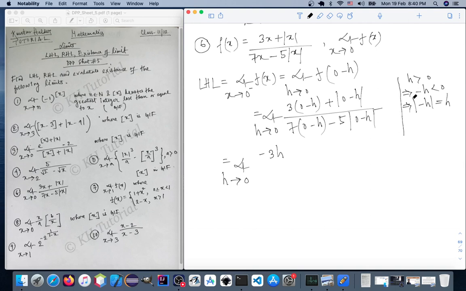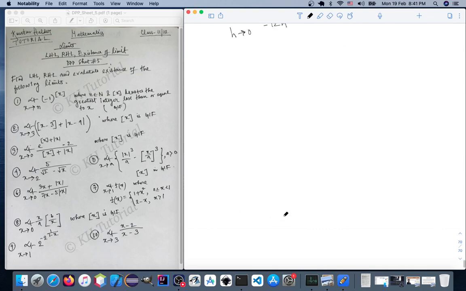Therefore, plus h, in the denominator we have minus 7h and minus 5h. This equals limit h tending to 0, minus 2h minus 12h equals 1 by 6.